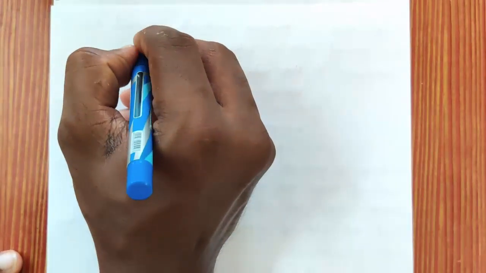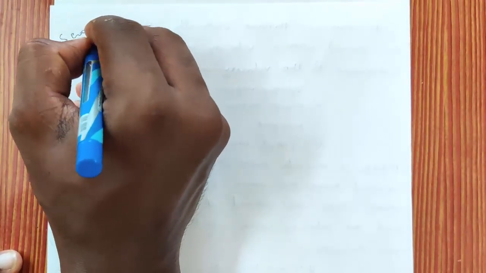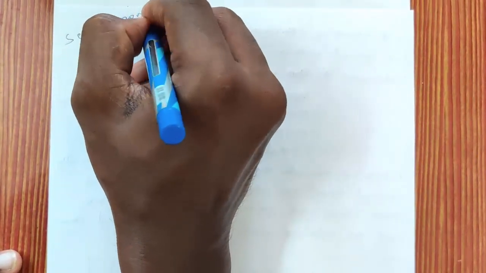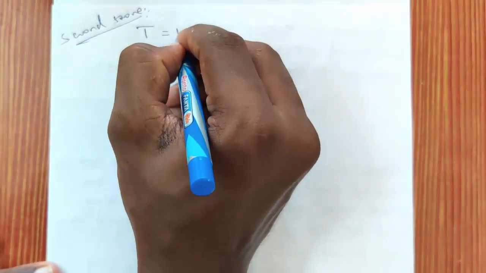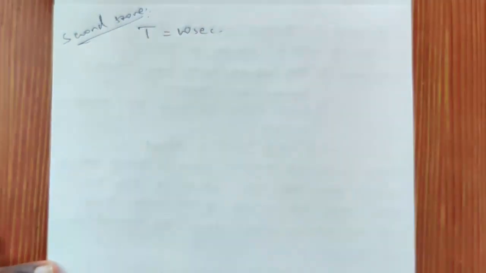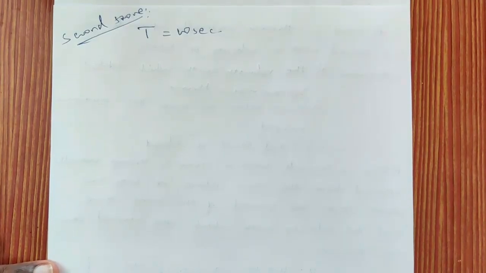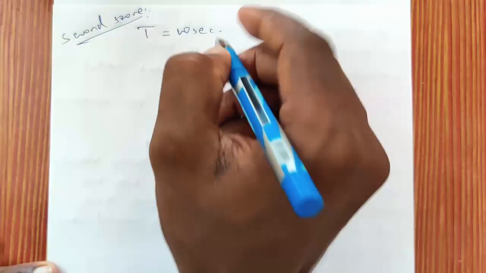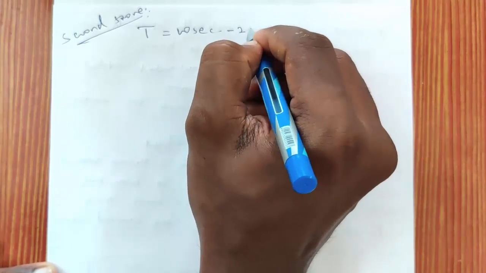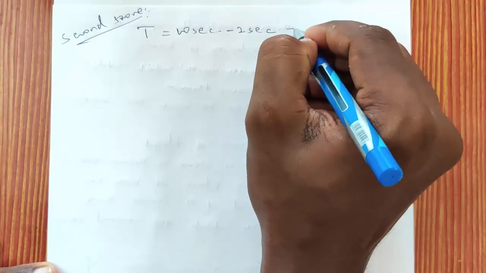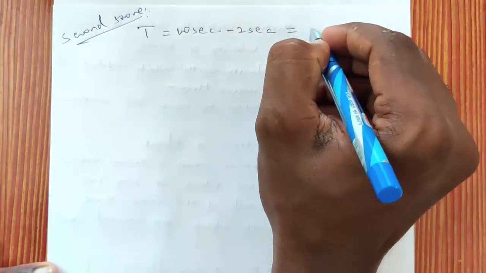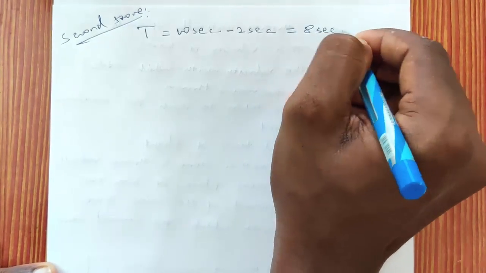So the total time of flight by the second stone: if both the stones reach the ground at the same time, the total time is 10 seconds for stone 1 and stone 2 is thrown 2 seconds after that. So we can subtract 2 seconds from that. So the time of flight for the second stone is 8 seconds.